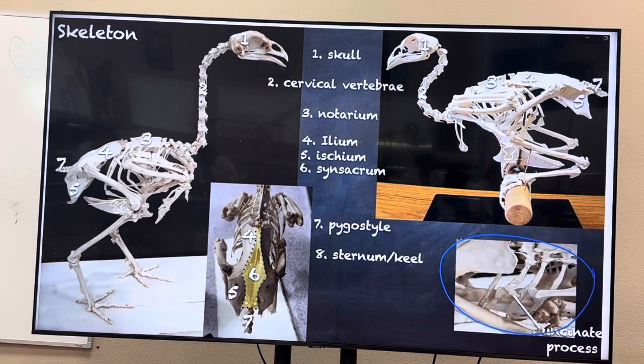So what we have seen for the skull so far is sufficient. The cervical vertebrae, notarium, the hip bones, these structures are what we want to talk about.